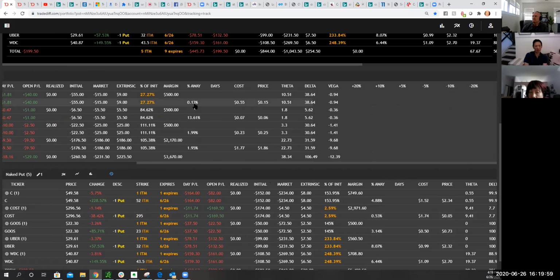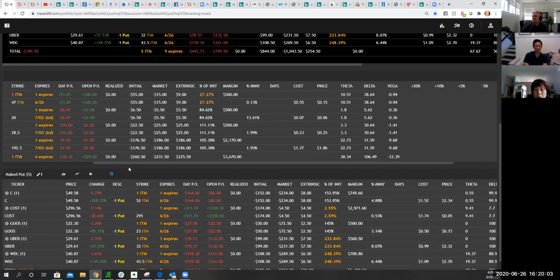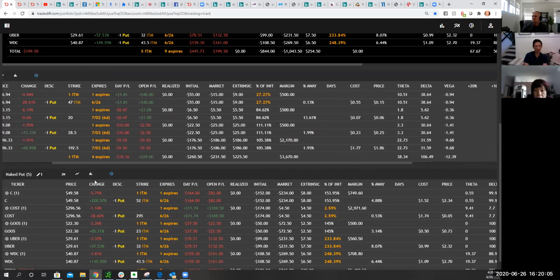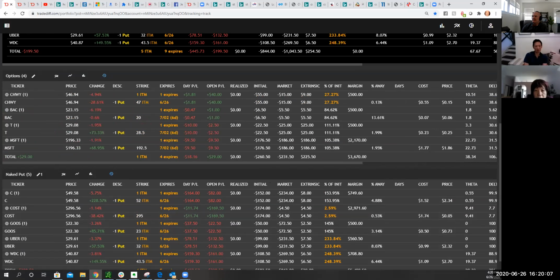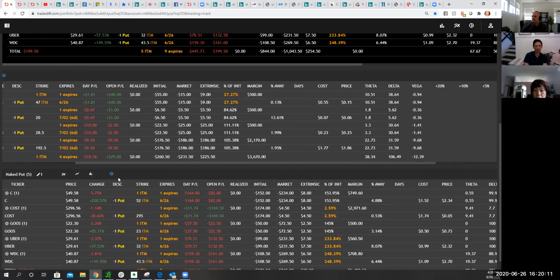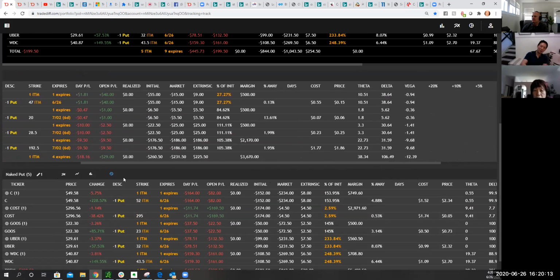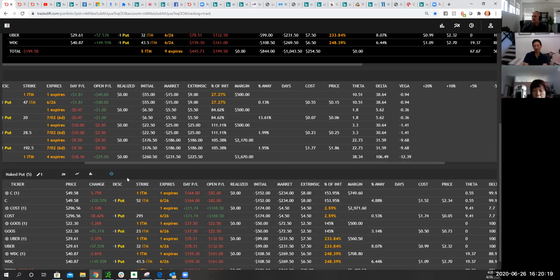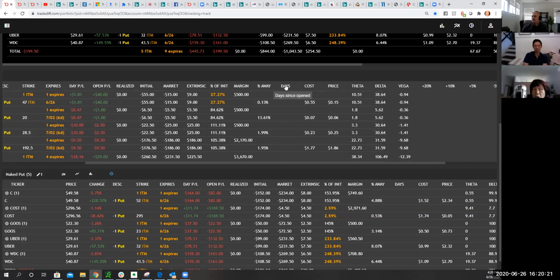But the other ones, which one is this? 13.6. That's still very far away from the strike, the put for Bank of America. And that's why it's almost worthless right now. So percent away is just to give you a little idea of how far away your strike is from the stock. Okay, so what is a good number?